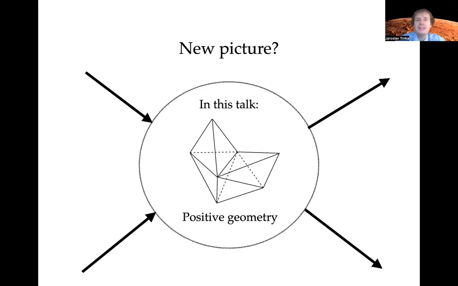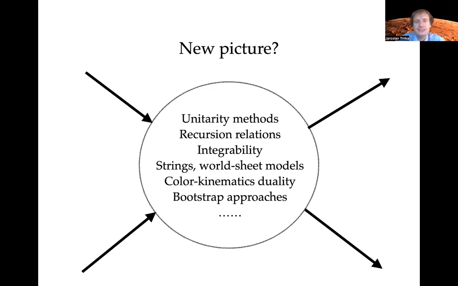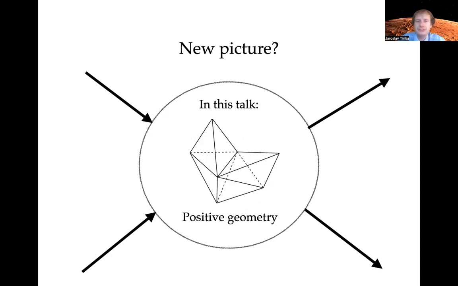Now in this talk, I will follow one particular direction in this effort, which is kind of the most extreme, because many of these ideas on the list, and there is a long list, try to use some physical properties of the S-matrix, some statements about singularities, different limits, symmetries, and so on to determine the S-matrix more efficiently.